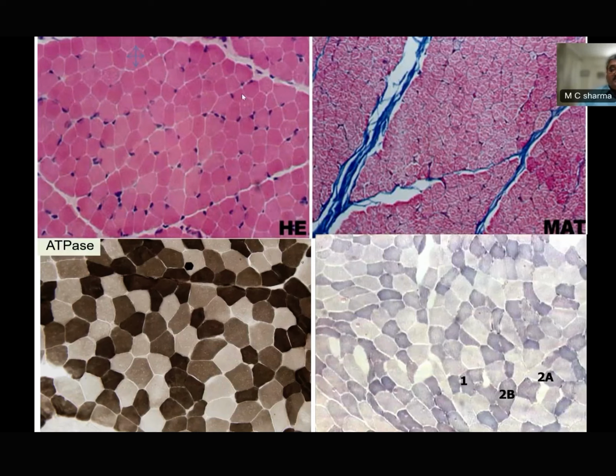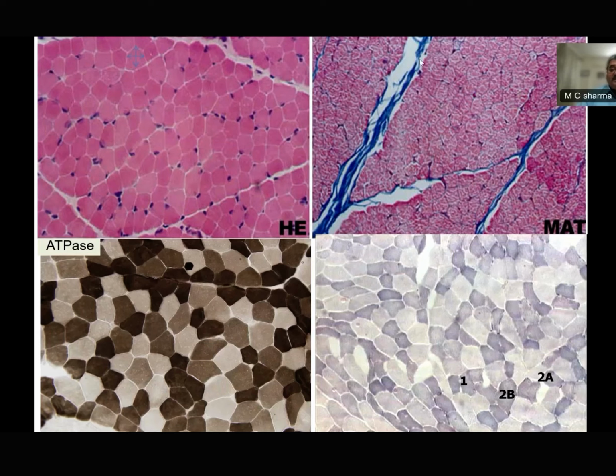This is the normal muscle. In the normal muscle, it is a checkerboard pattern. Under the H&E, the darkly stained fibers, more eosinophilic, are type 1. They have more mitochondria and are oxidative, whereas type 2 fibers are lighter. They have more glycogen. So this is the normal Masson trichrome.